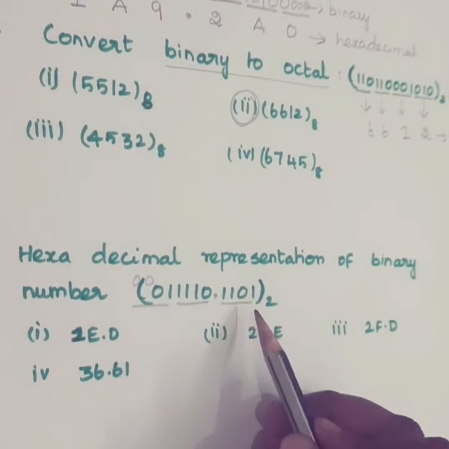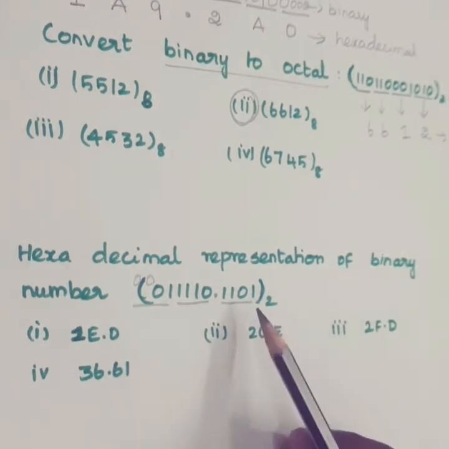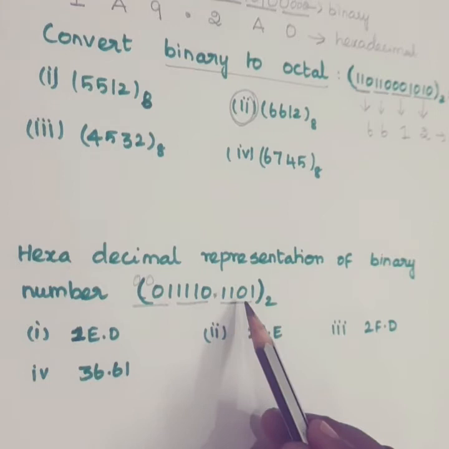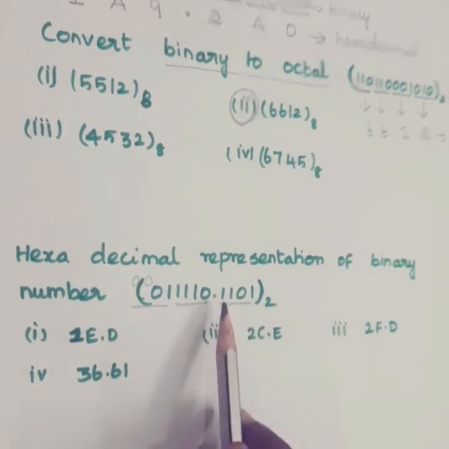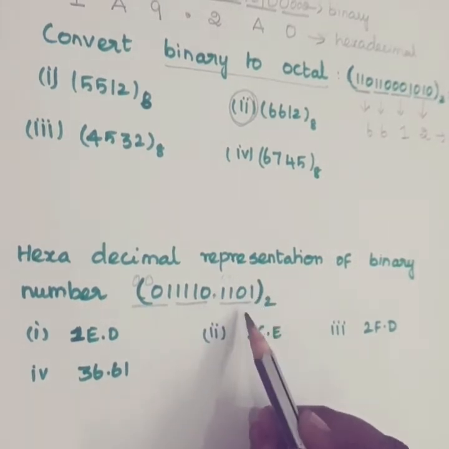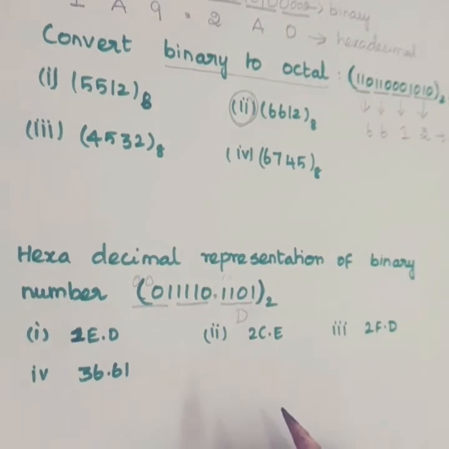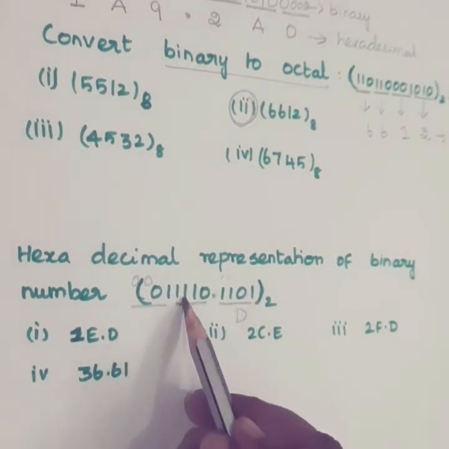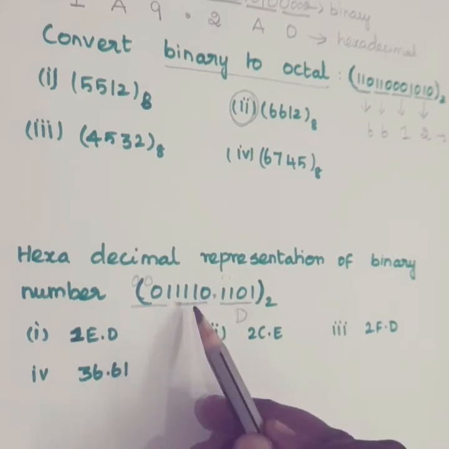Next you have to write the corresponding hexadecimal value for each group. So 1101, that is 8 plus 4 plus 1, is 13. In hexadecimal 13 is equivalent to D. And 1110 is 14.